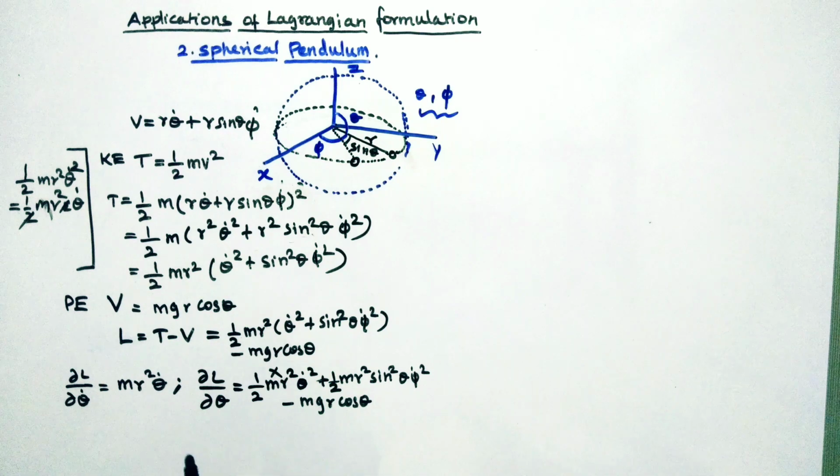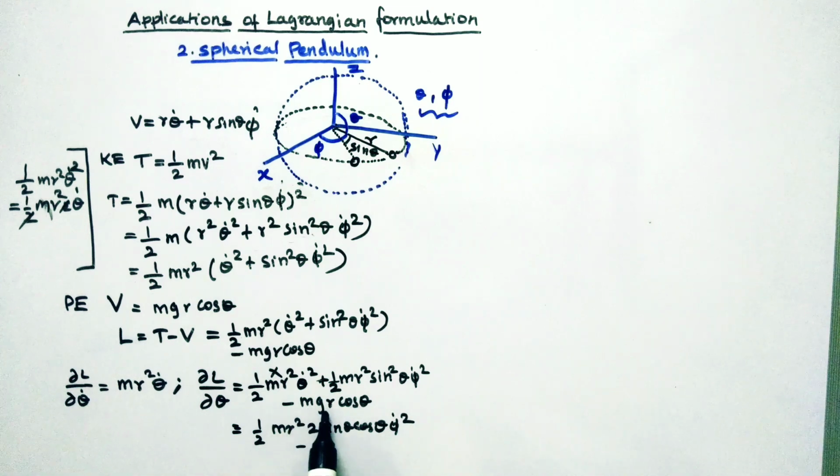Now we differentiate with respect to theta. Sin square theta, applying the trigonometric formula, gives 2 sin theta cos theta. Then half m r square 2 sin theta cos theta phi dot square, and minus m g r cos theta.